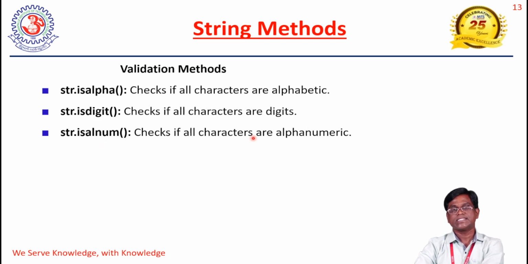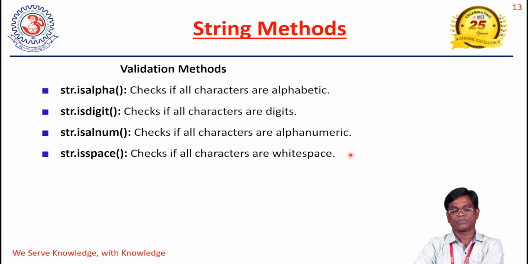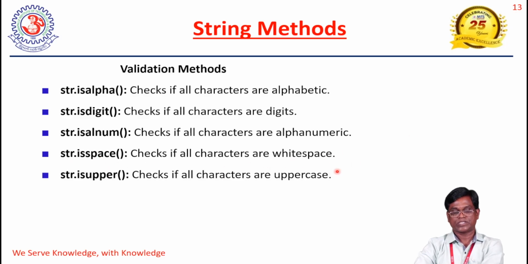If your string has either alphabets or numerical digits, then it will return true, otherwise it will return false. Next one, if you want to check for any white spaces, that is blank spaces, in the given string, then I can use the isspace method. So the str.isspace method I can use for checking white spaces or blank spaces.